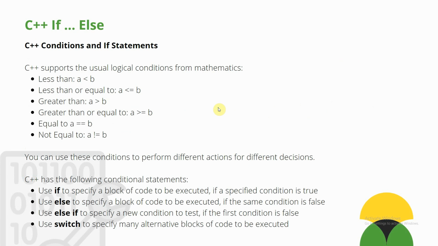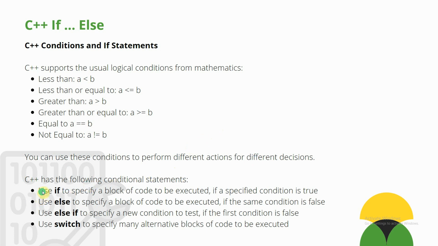Now for the if else, we call it the conditional statements. So using the if statement in our code, we have first the usual logical conditions from mathematics: less than, greater than, less than or equal, greater than or equal, also equal, and not equal. These are the comparison operators we saw earlier. These can also be used as conditions to perform actions in our conditional statements.